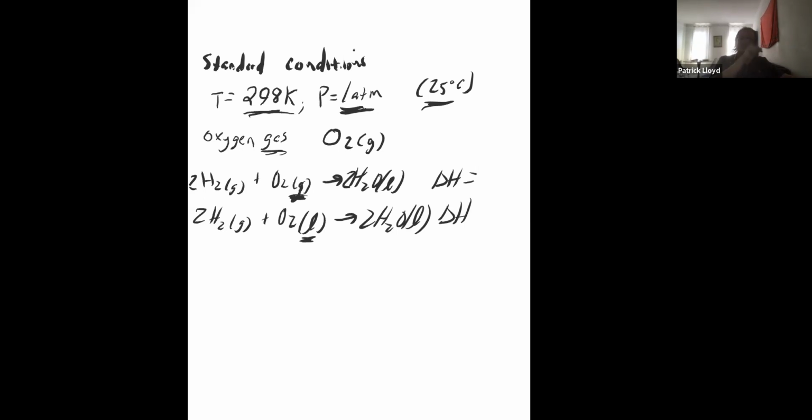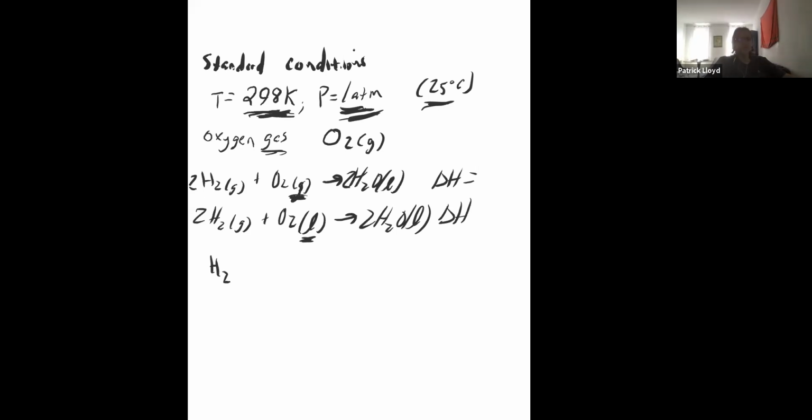So when we say standard conditions, what we mean is the state of each reactant or product is going to be the one that we would expect at this temperature and this pressure. So let me show you a few. What about hydrogen? Would you expect hydrogen to be a solid, liquid, or gas at room temperature and atmospheric pressure? And the answer is, well, think of the Hindenburg, right?